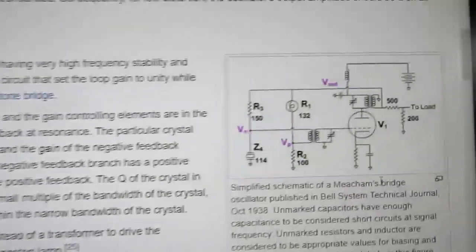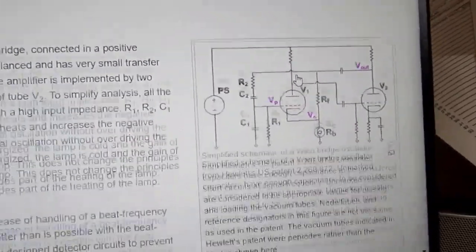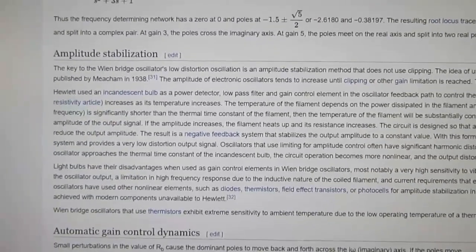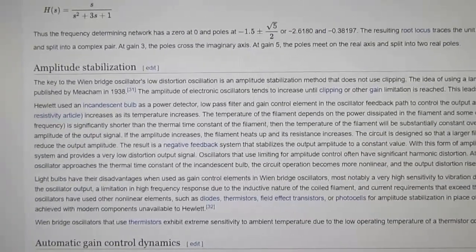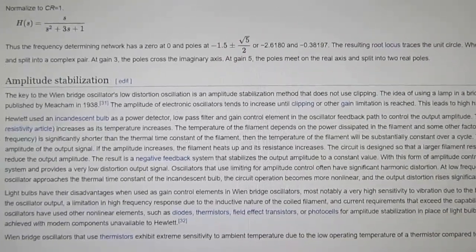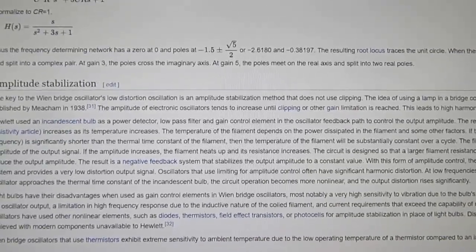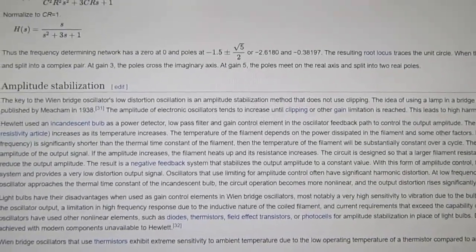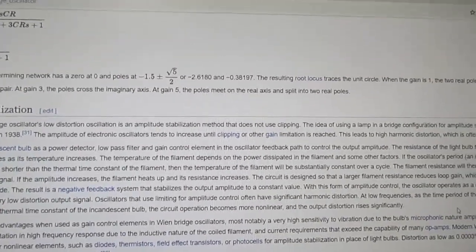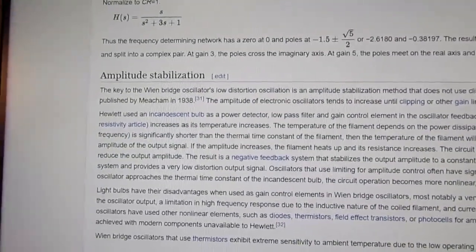And these things go way back, you know, they had them in the vacuum tube era and so on. As it says here, the key to the Wien bridge oscillator's low distortion oscillation is an amplitude stabilization method that does not use clipping. The idea of using a lamp in a bridge configuration for amplitude stabilization was published by Meacham.